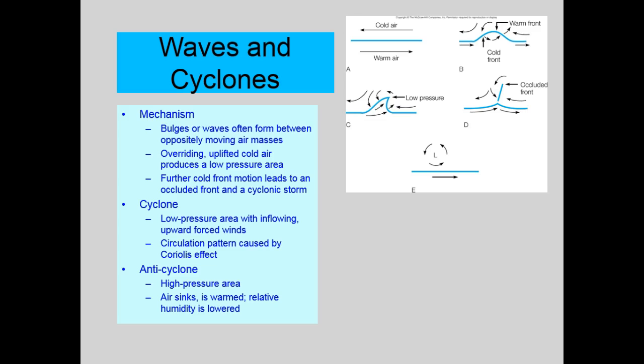Now, if you had that other situation, I mentioned the high pressure area, that's an anticyclone. In the northern hemisphere, the cyclones are counterclockwise flow, just like hurricanes and tornadoes are. In the northern hemisphere, the high pressure areas are clockwise flow. Okay? The air sinks, is warm, relative humidity actually is lowered. You're not going to get severe weather out of that.